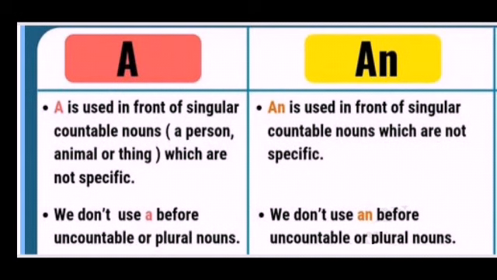Where we can count the number of objects, that is a countable noun. 4 tables, 3 books, 2 sticks: these are all countable nouns. Milk, water, honey: these are all uncountable nouns. So here we discussed 2 definitions: singular and plural, and countable and uncountable nouns.